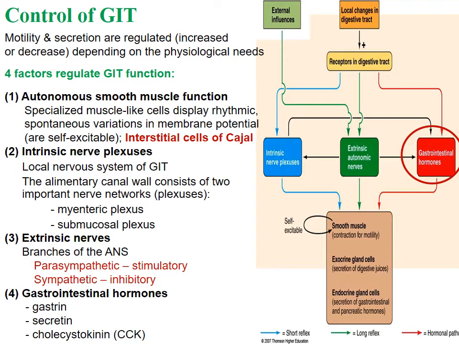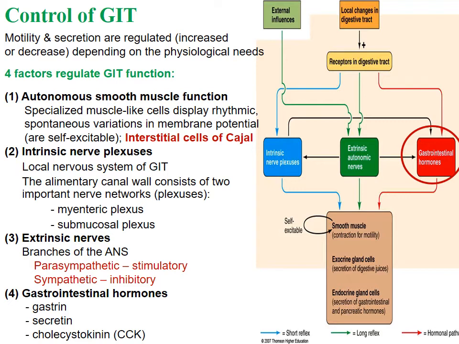So, in brief, the gastrointestinal system is highly influenced by the parasympathetic nervous system, because it has the stimulatory influence. And there are also gastrointestinal hormones like gastrin, secretin, and cholecystokinin.